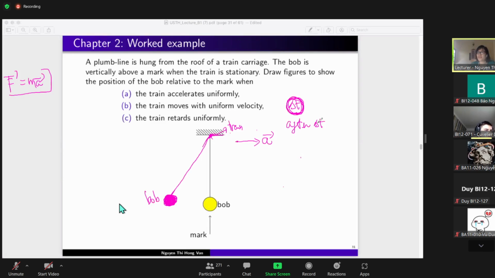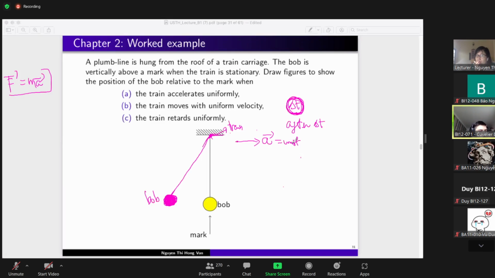The train still accelerates, it does not go to zero. A is constant forever. So after delta t, the train still has acceleration. But how about the bob? If it continues to accelerate, normally the bob will still have a delay. But if, for example, it starts to accelerate and then it's constant, the ball will go back to its place.